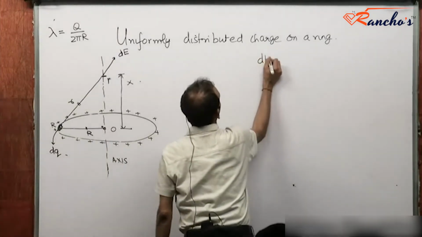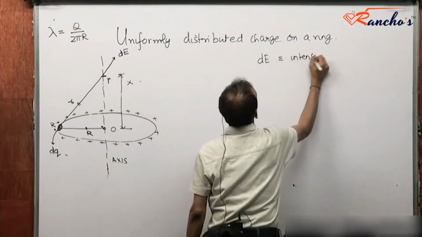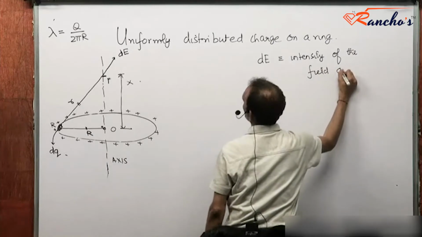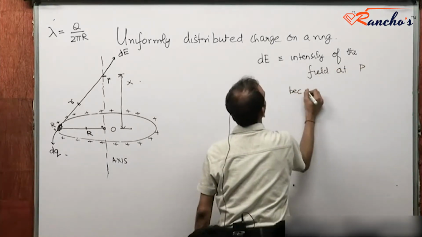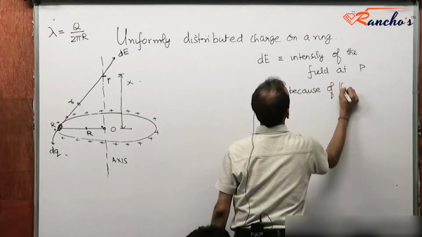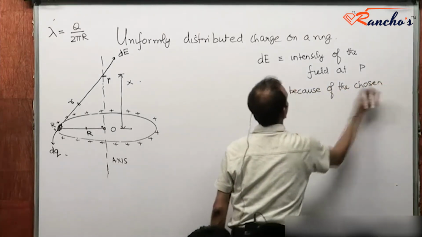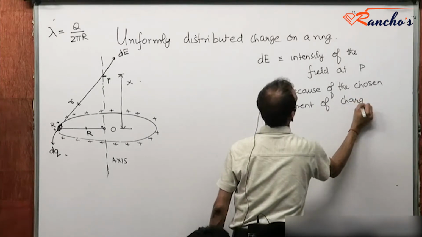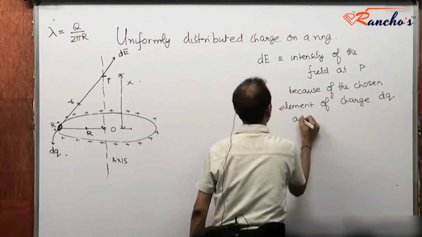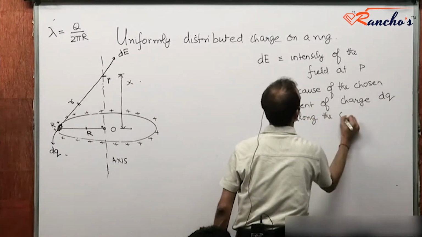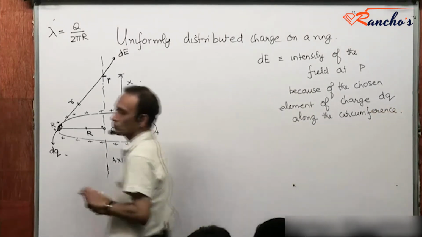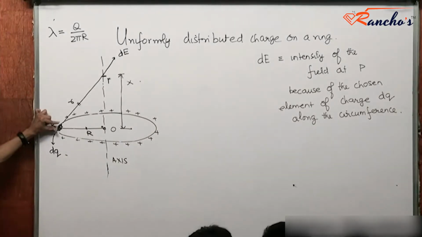So dE is the intensity of the field at P because of the chosen element of charge dq along the circumference. dq is one chosen element and dE is the electric field produced at P by this.